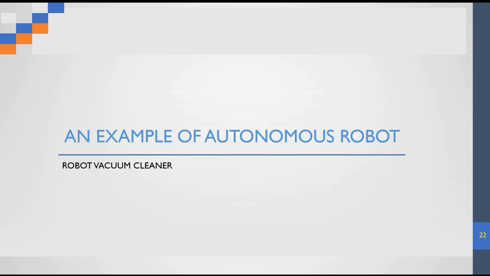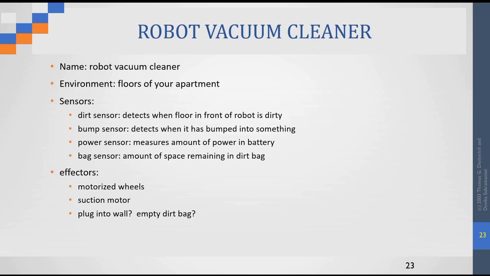So here is the first example, which is the robot vacuum cleaner. What we will learn here is how we can describe the architecture of this. Just a few things, we will not go into details, because in our subject we will not go into hardware, just the design.